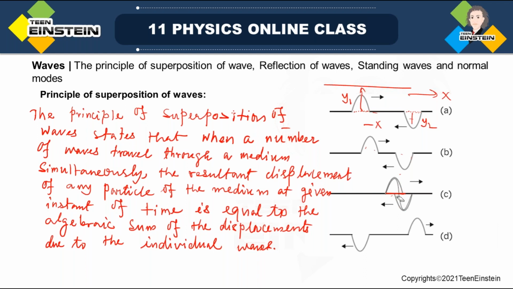According to my superposition principle, the displacement of this particular element of the string will be y is equal to the algebraic sum of the displacement produced by each individual wave. This is the principle of superposition.